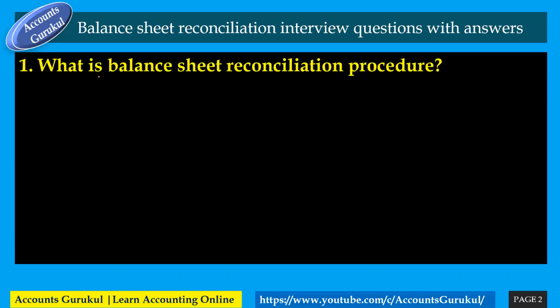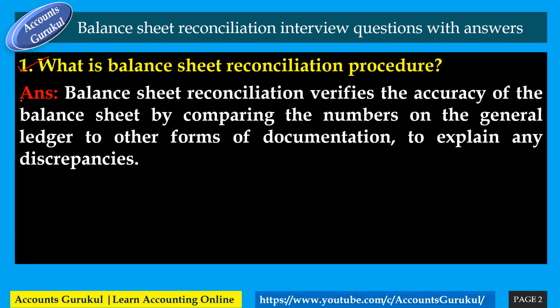What is the balance sheet reconciliation procedure? The balance sheet reconciliation verifies the accuracy of the balance sheet by comparing the numbers on the general ledgers to other forms of documentation to explain any discrepancies. So we just need to give the clarification about that. And before that, what does balance sheet reconciliation mean?